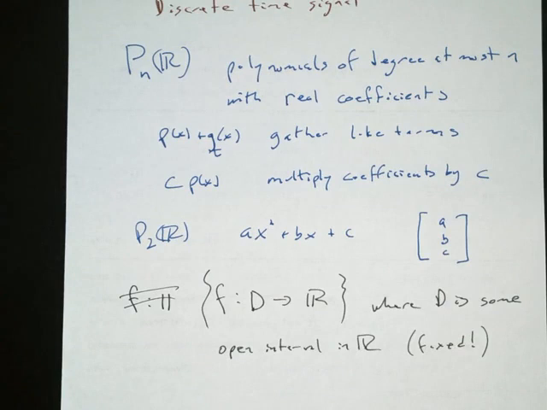I could use the interval from 0 to infinity. I could use the interval from 0 to 1. I could use any interval I want as long as the function I am looking at is defined in there. So something like 1 over x wouldn't make sense if I used the interval including 0. Something like tangent of x wouldn't make sense if I used the interval including pi over 2. So it's going to depend on what interval I'm looking at.